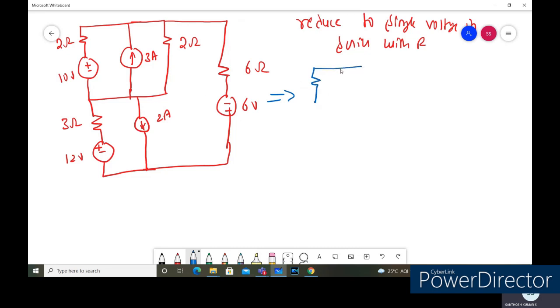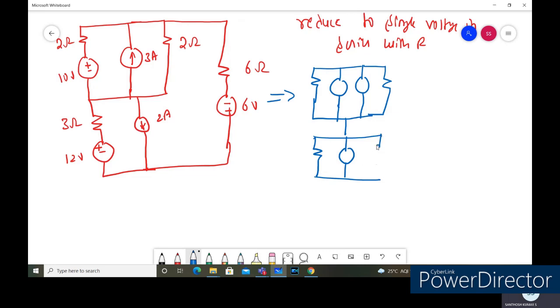This resistance will be there in parallel with the current source, and the current source of 3 amperes will remain like that, and the resistance 2 ohm, and I'm going to bifurcate this one. Here we have the 3 ohm resistor in parallel with the current source, in parallel with the other current source, which is 2 amperes.